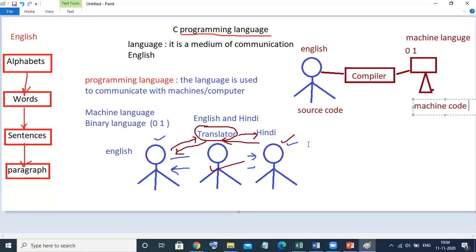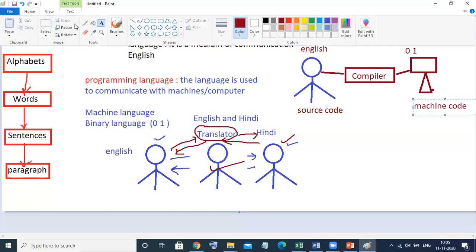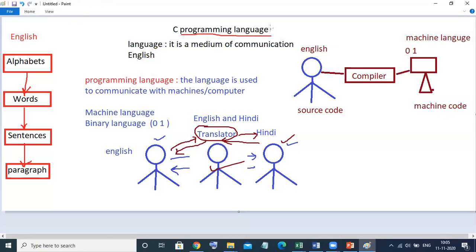Now let us move on. If I want to learn a programming language, that is our agenda for today's session. What are the exact steps? Like the English language we have seen, we can also use some basic pillars to learn a programming language. Let us move to that screen and learn how to learn any programming language. I'm not talking only about C, but any language you want to learn.